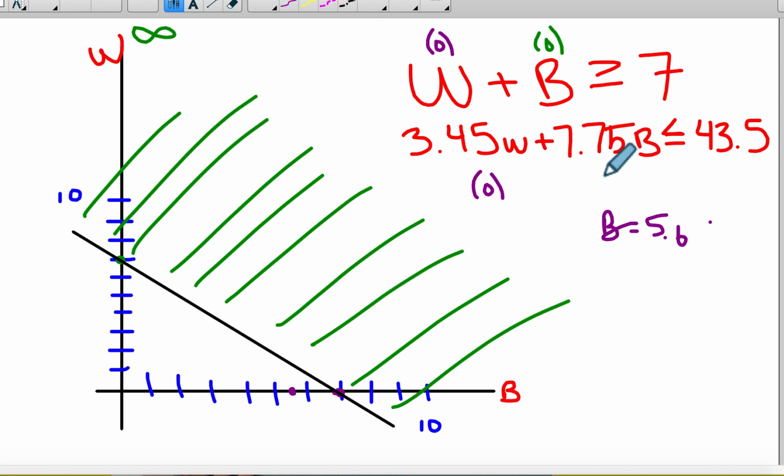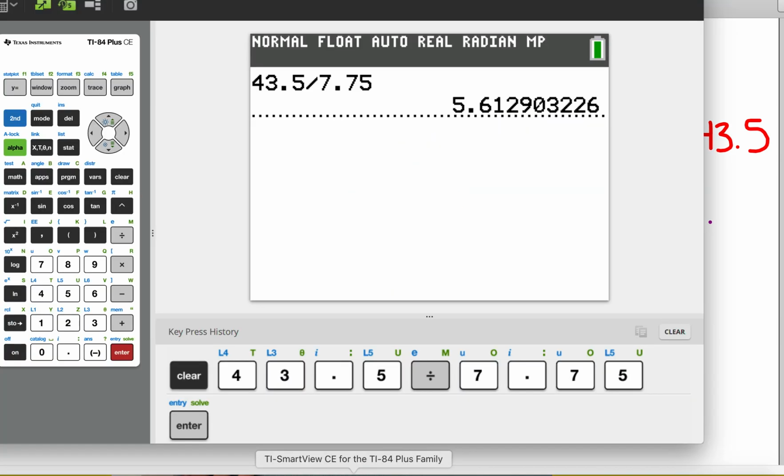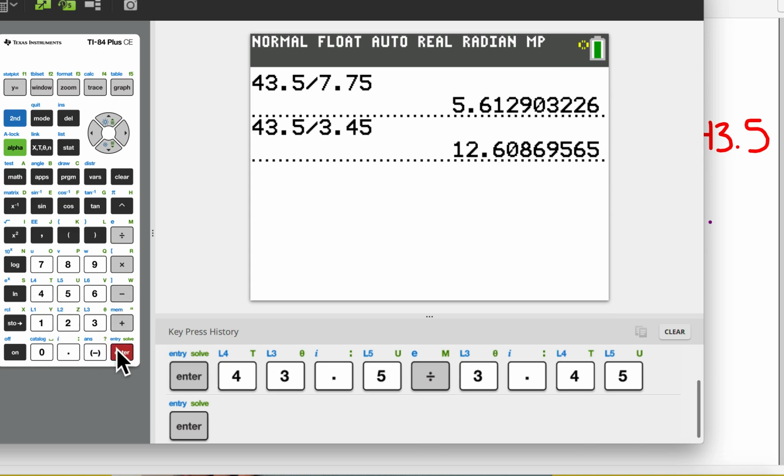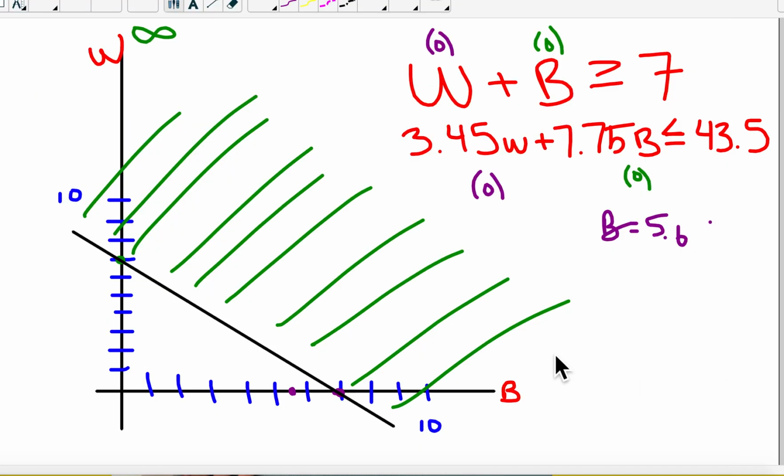And now on the flip side, if I plug in 0 for b, I'll get the y-intercept because b is 0, so I'm somewhere on here. In this case, this whole thing will cancel out, and I'll take 43.5 and divide it by 3.45. And I'll get 12.6, so w is 12.6.